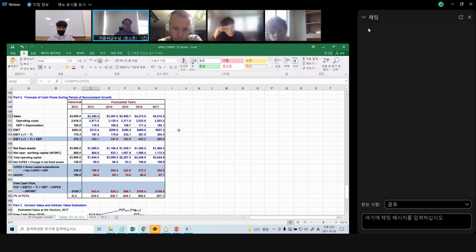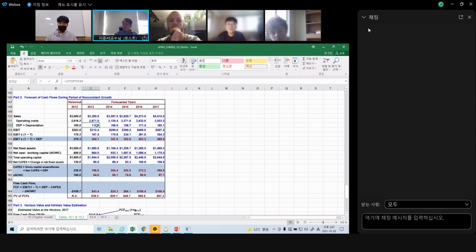So let's say sales is 3,300. Operating cost is this one. Depreciation is 116, for example. Then EBIT can be calculated by sales minus operating cost minus depreciation. So depreciation can be used as a deduction item to get the EBIT because this is a cost, definitely, based on accounting.